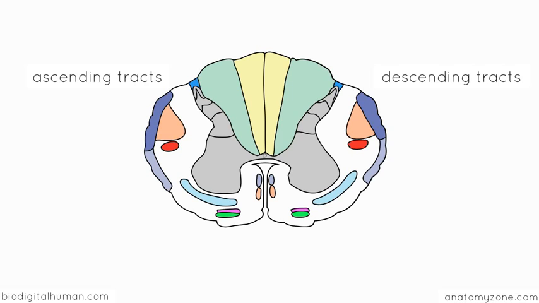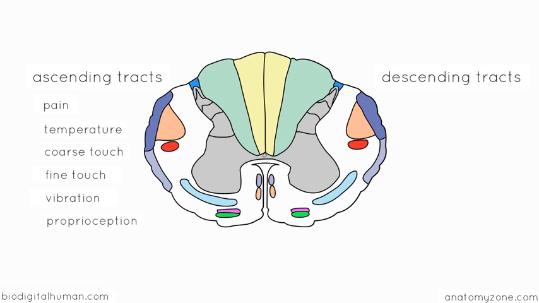So ascending tracts carry information including pain, temperature, tactile information which ranges from coarse touch to fine touch, as well as vibration information, and you've also got information from muscle and joint receptors. So at this point it's worth mentioning that not all sensory information is consciously interpreted.